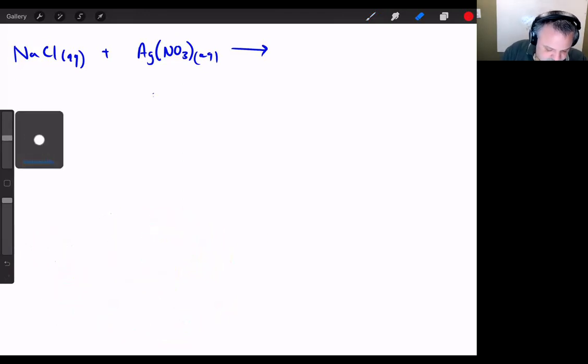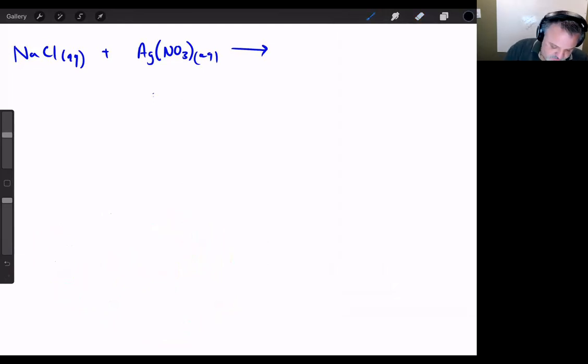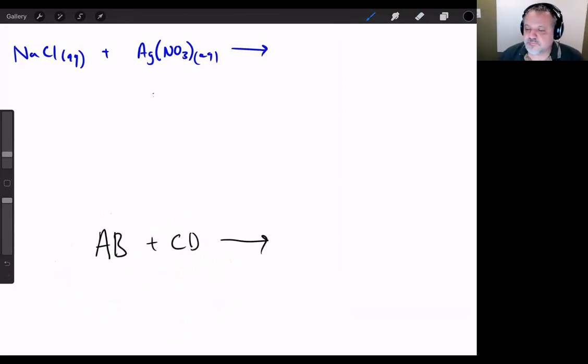But how do chemical reactions with ionic compounds work? It's this way. A and C are cations, and B and D are anions.